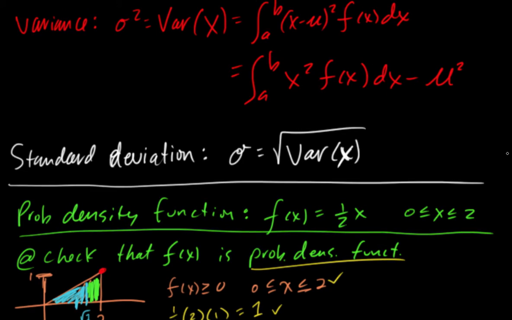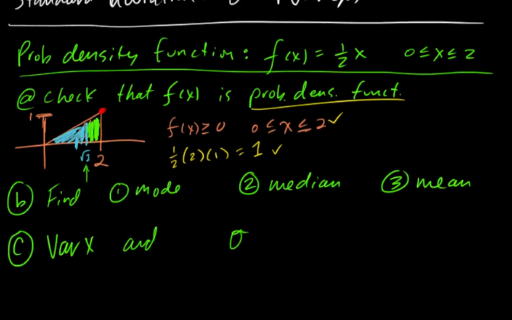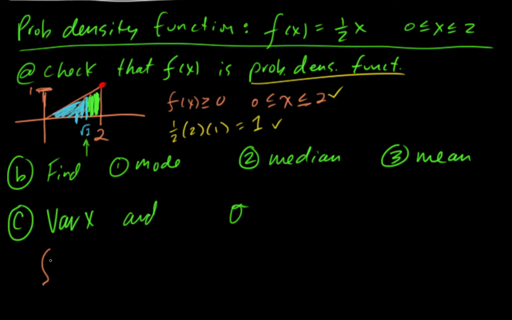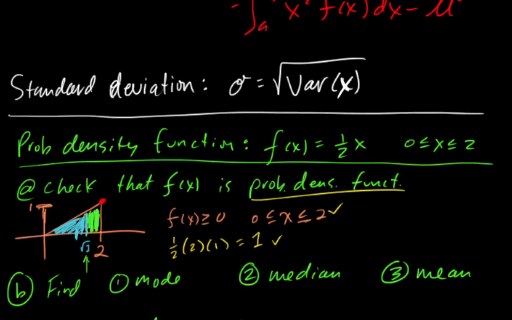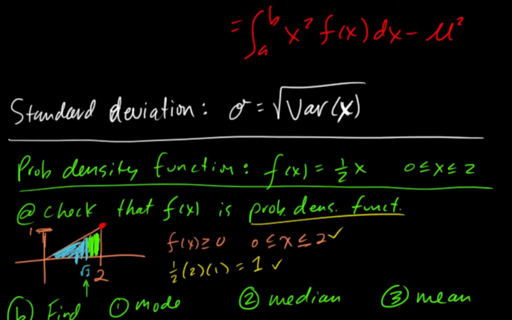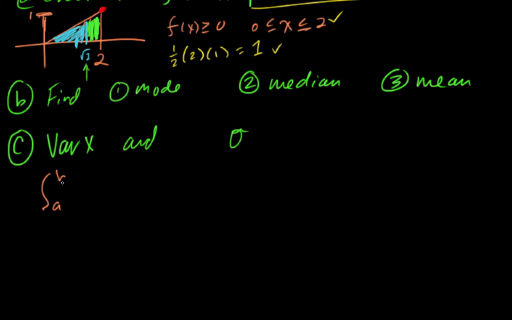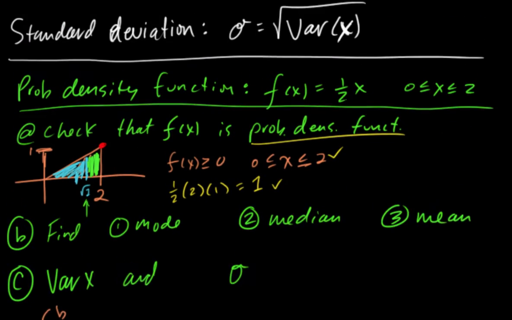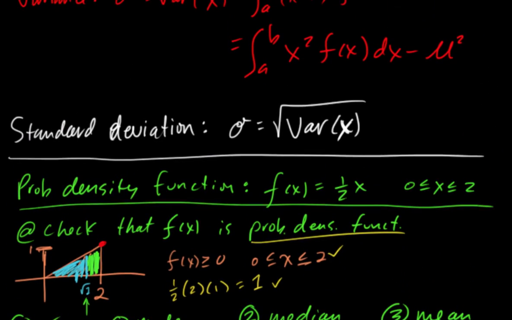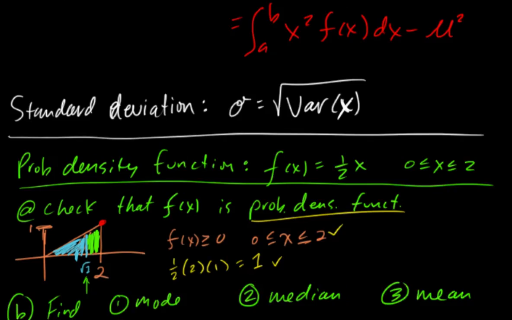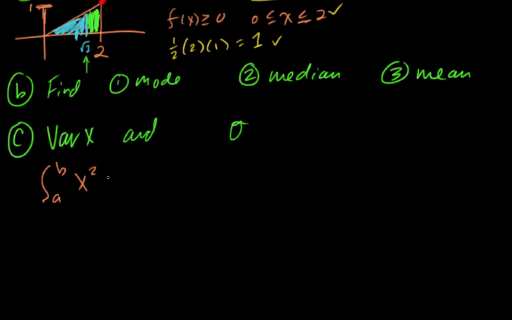So let's use the bottom one. So the integral from a to b of x squared f of x minus mu squared.